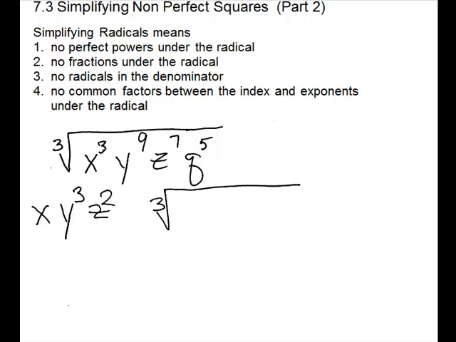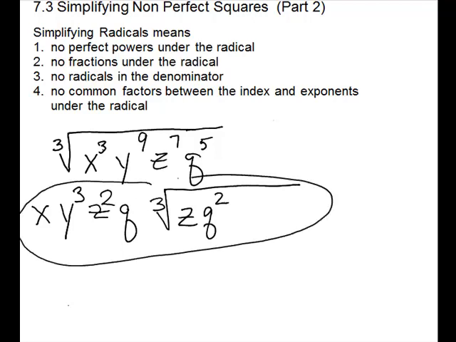Nothing left over. 3 goes into 7 2 times. That's what went outside. 2 times 3 is 6. So we have a z left over. Right? Then we have 3 into 5. It's only going to go 1 time. And there will be 2 left over to go back underneath. So this is our full answer.